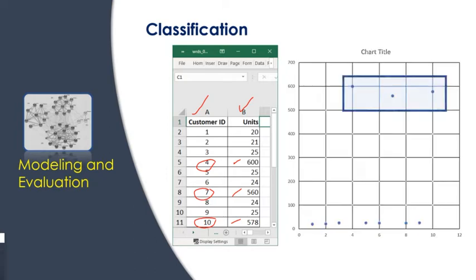So this is one example of clustering. Here are the customers who usually order, say, 20, 40, 30 units, and here are the customer groups who usually order 600, 560, 578. So this is a classification of the customers based on the orders. This can also be said to be a clustering of the customers.